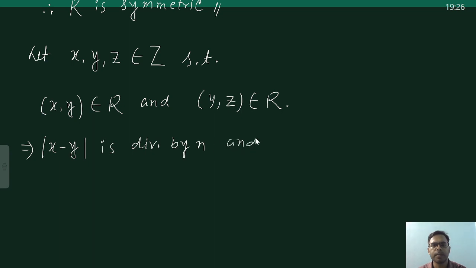For the second one, this implies mod of y minus z is divisible by n.